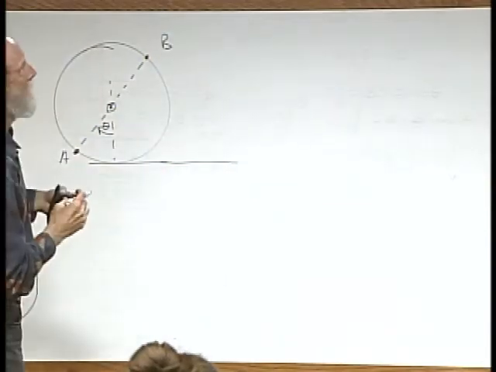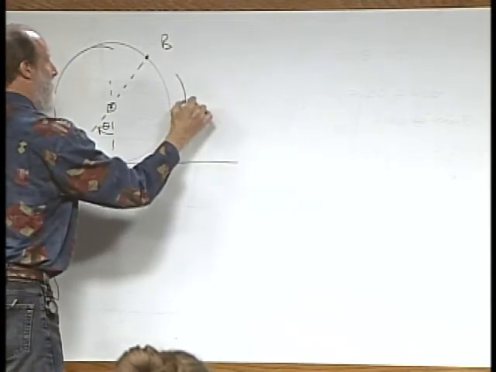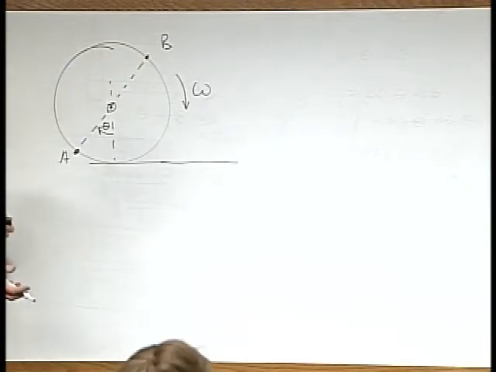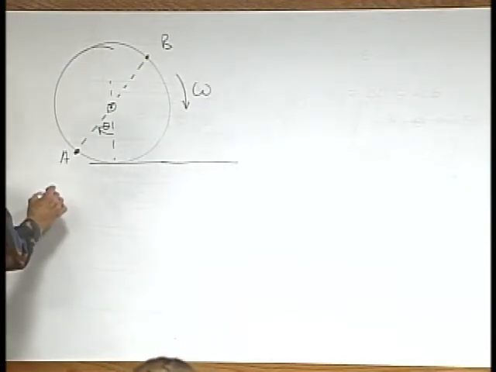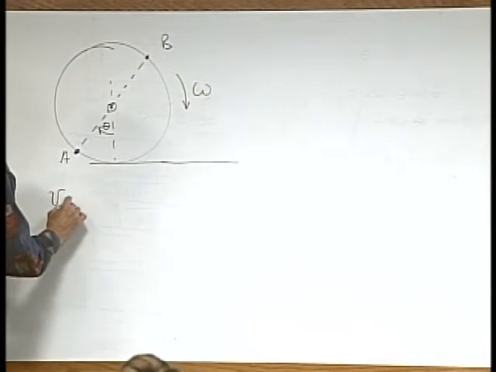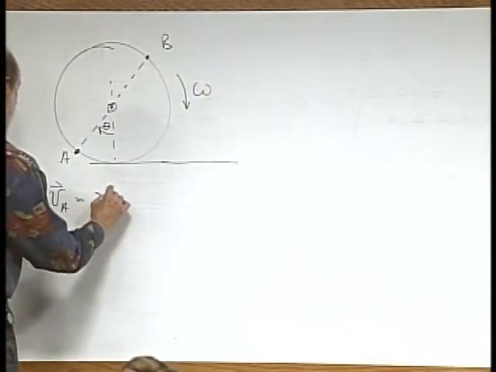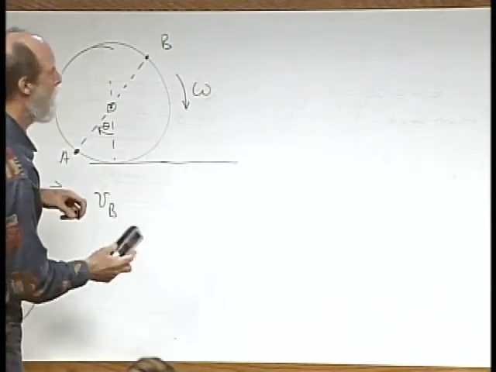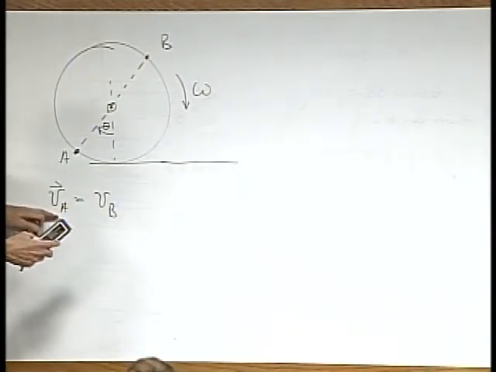So the rolling wheel, and we've got an omega described as clockwise, similar to the way we developed the cycloid. Now we could do this using the absolute motion approach if we chose to, but they want us to use the vector approach this time. We're trying to find the velocity of point A in terms of theta.